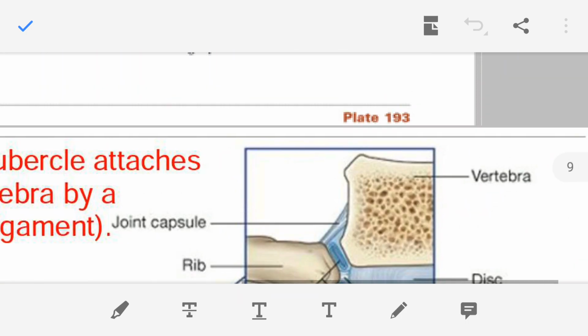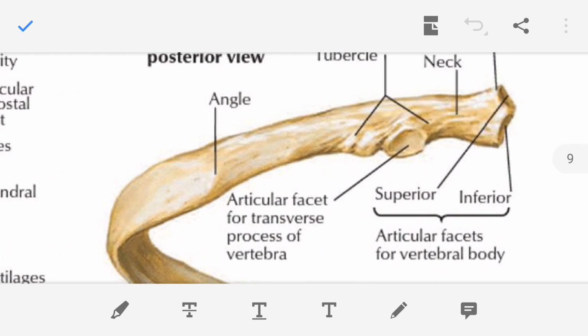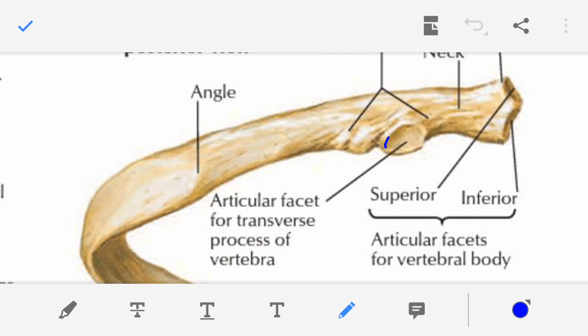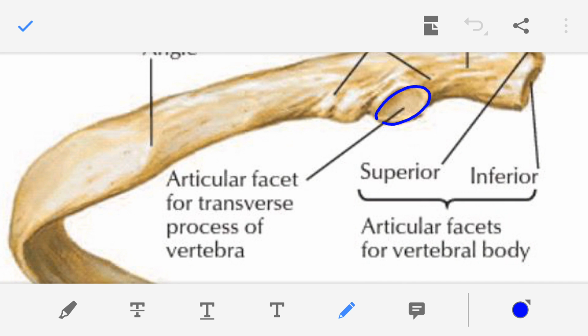Now first, once again, this is the articular facet, okay, and this articular facet is going to fit in the transverse process of the vertebra, or simply I will say that this articular facet of the tubercle is going to join with the transverse process.